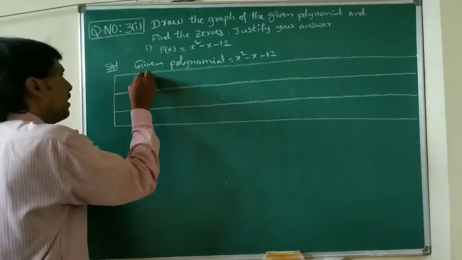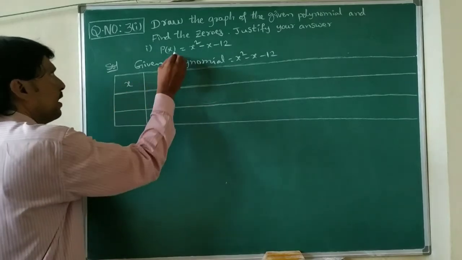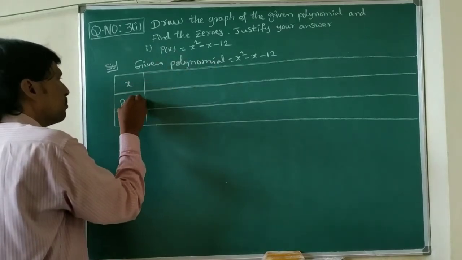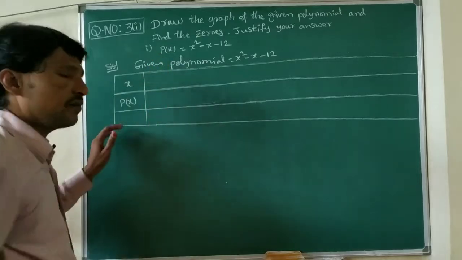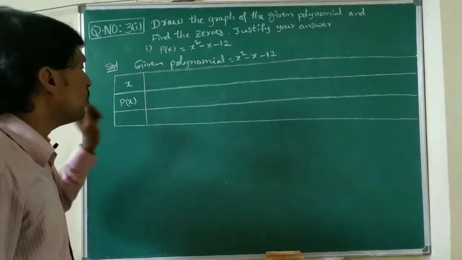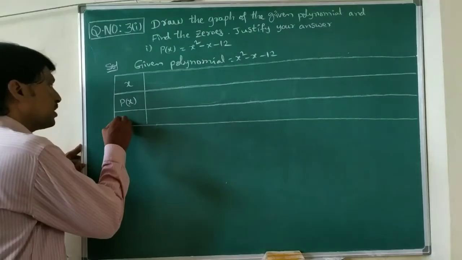In the box x values, and here p of x is given. Sometimes they are giving y also. What is mentioned, that one only we need to take. P of x, then next pairs.